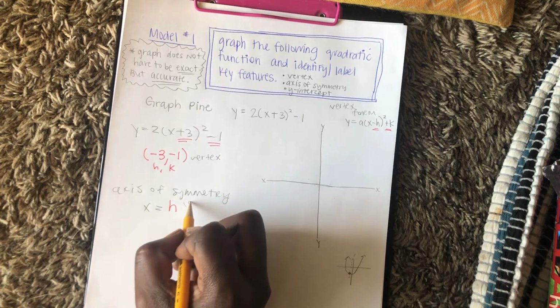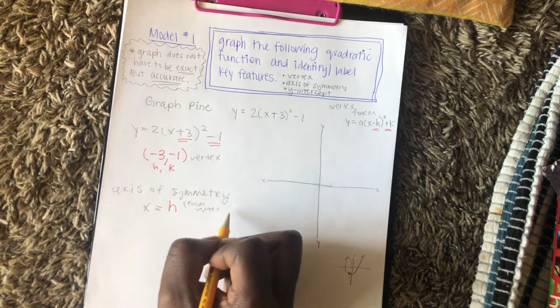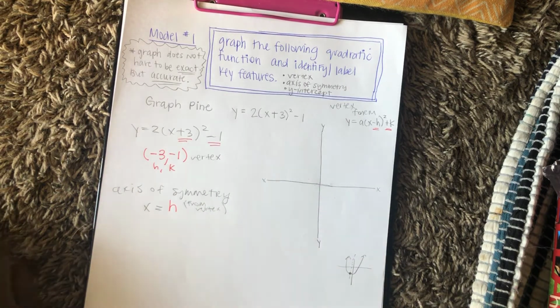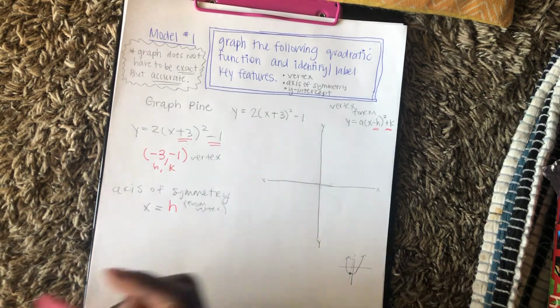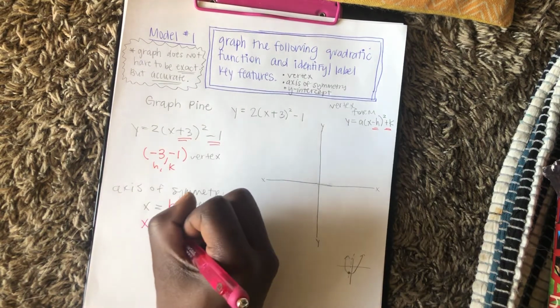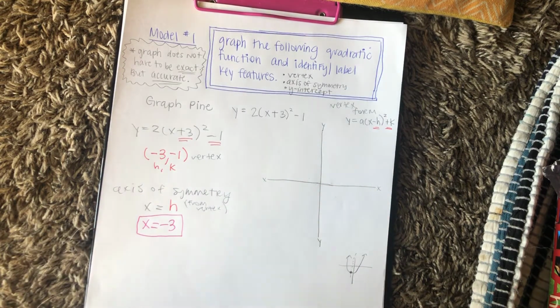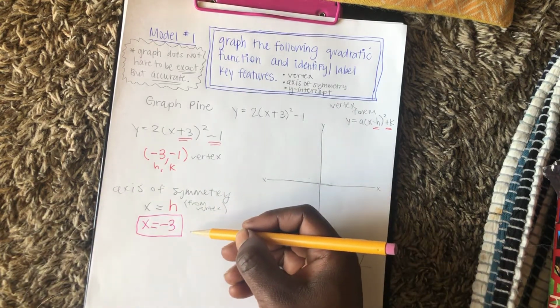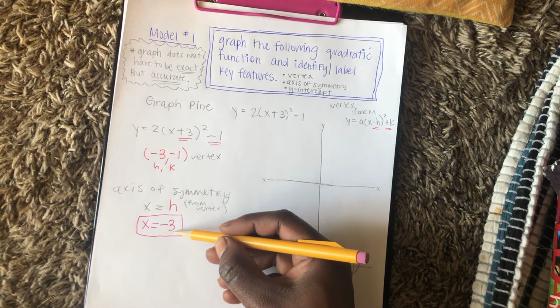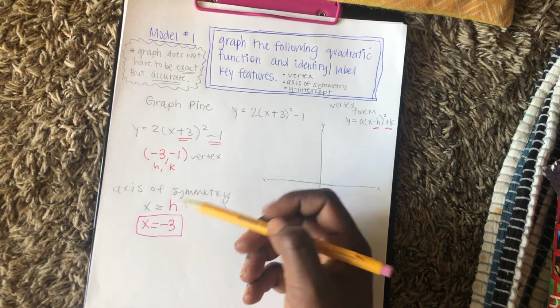This is from the vertex because it goes straight through the vertex. So our x value in this sense for our axis of symmetry is -3. So we are going to draw an imaginary dashed line through the x value -3 because that is going to be where our graph splits evenly, okay?